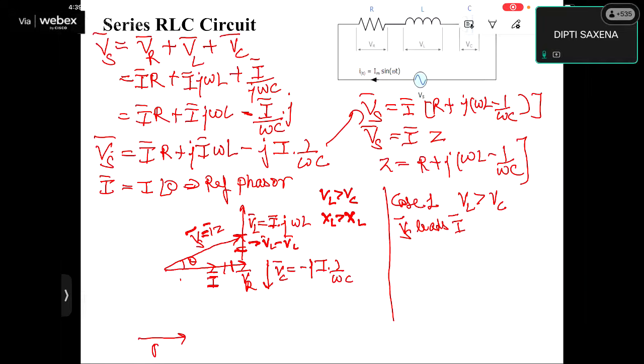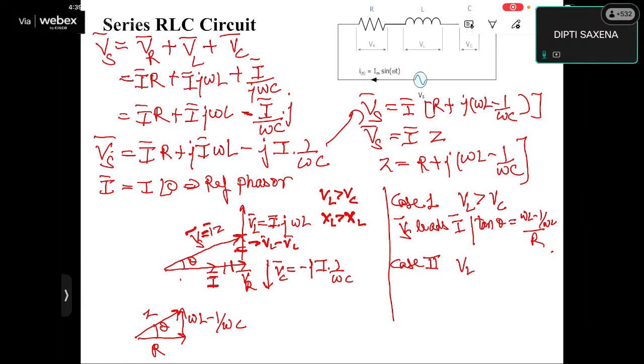Yes or no? This is R. This is omega L minus 1 upon omega C. Just divide by I, and this is your Z. This is the impedance angle. So V leads I by an angle where tan theta is equal to omega L minus 1 upon omega C, upon R.